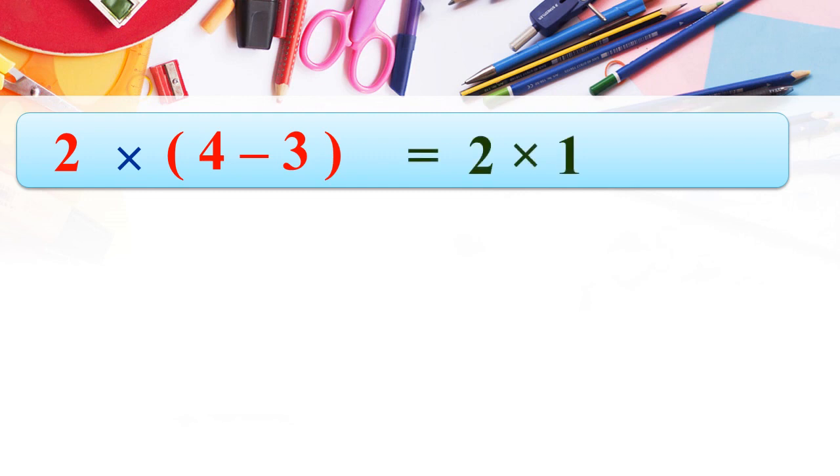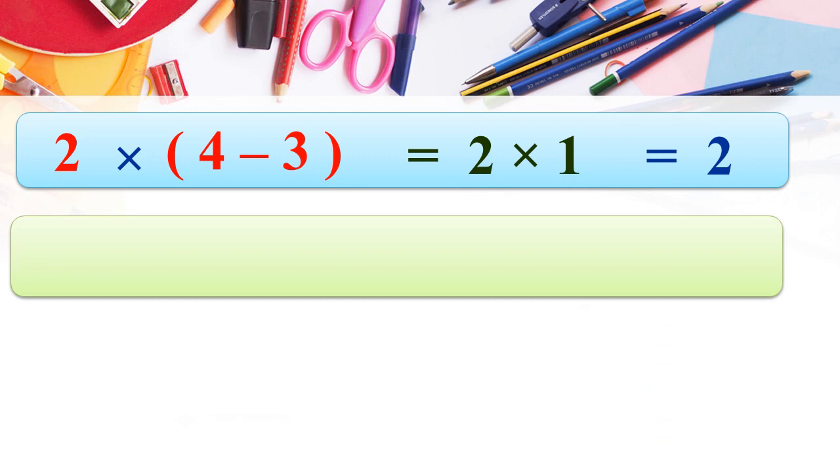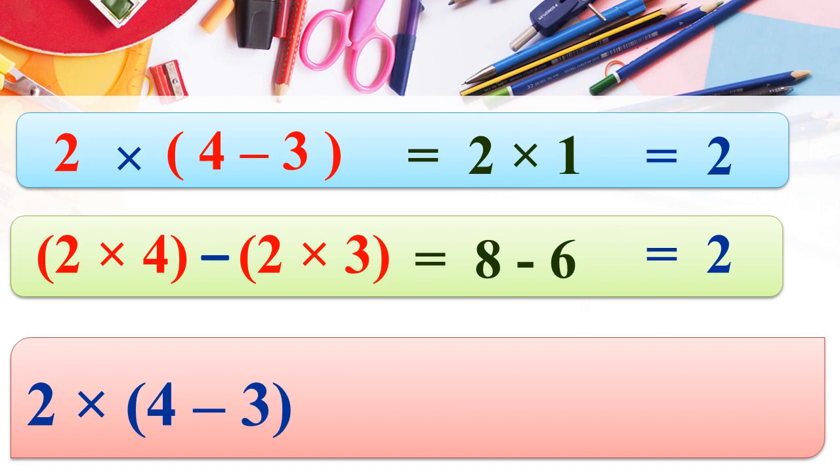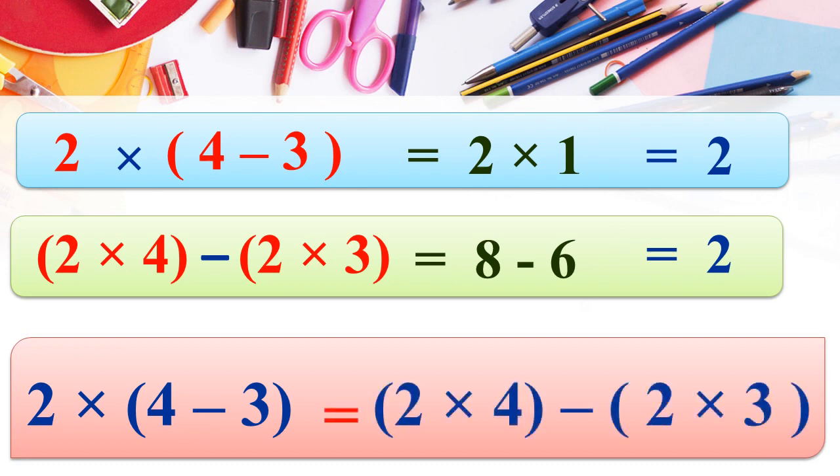Let us see the values. 2 into (4 minus 3) equal to 2 into 1 equal to 2. Next, 2 into 4 minus 2 into 3 equal to 8 minus 6 equal to 2. Here, both answers are the same. So, we can write 2 into (4 minus 3) equal to 2 into 4 minus 2 into 3.